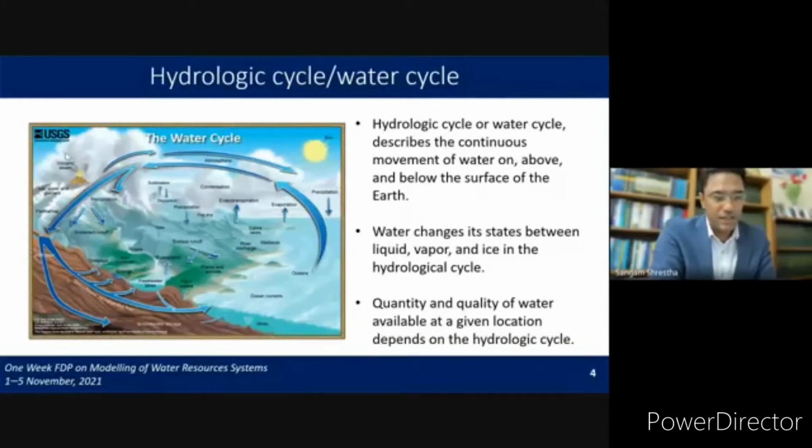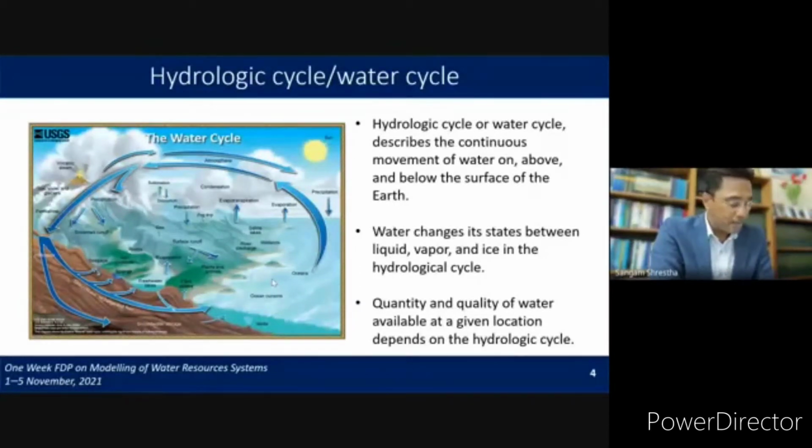Similarly, from liquid to solid state. So the water moves from one storage to another through various hydrological processes, for example evaporation, condensation, precipitation, surface runoff, infiltration, groundwater, and finally it goes to the ocean, and the cycle repeats continuously.